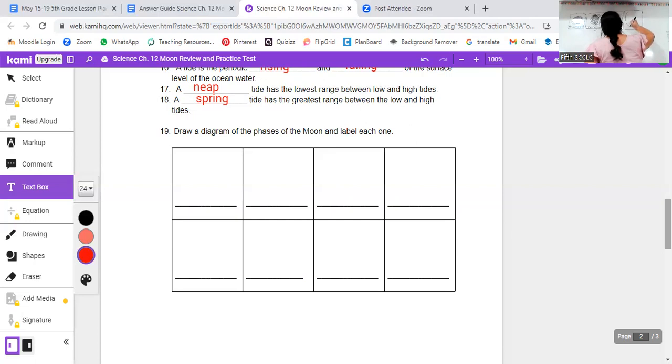Now the first gibbous, so this is where it starts. The side stays on the left.